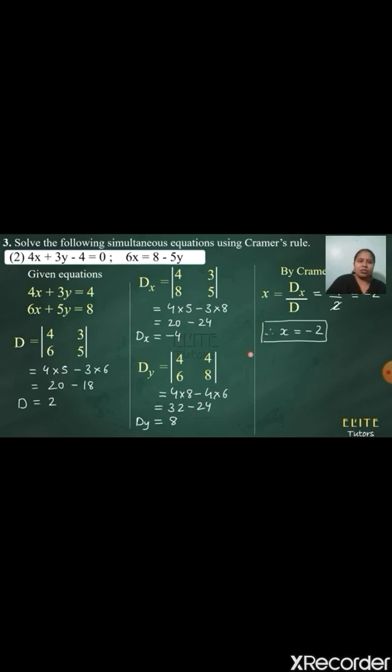One part of the answer is over. Similarly, now let us find out y using the formula dy upon d. Now dy value is 8, 8 upon 2, which is nothing but 4. Hence the second value of the variable, that is y, is equal to 4. The final answer is x is equal to minus 2, y is equal to 4 is the solution of this equation. I hope you have understood this.